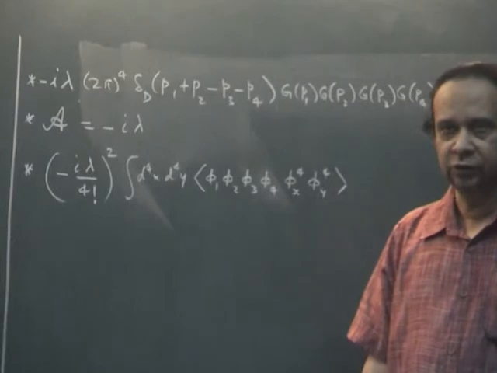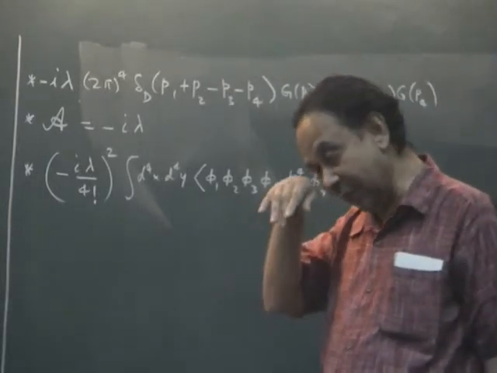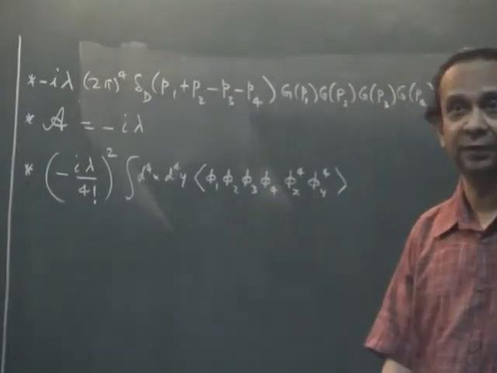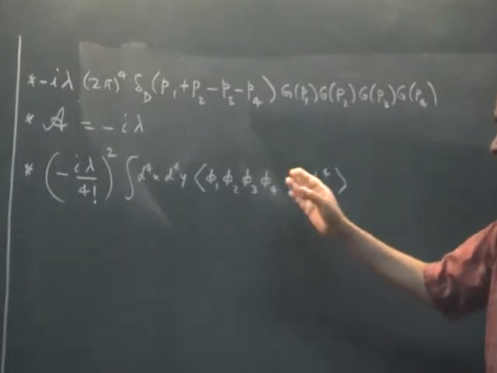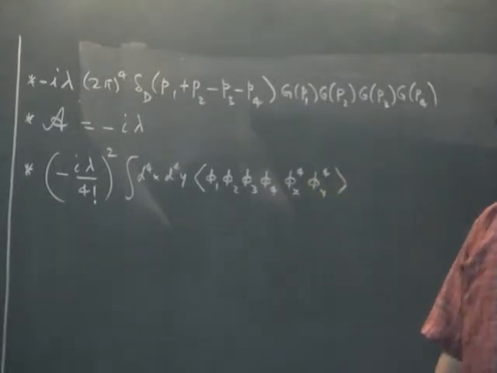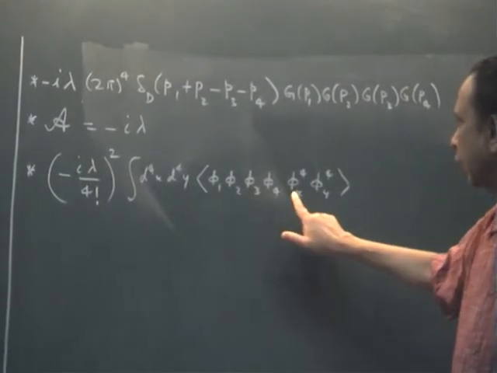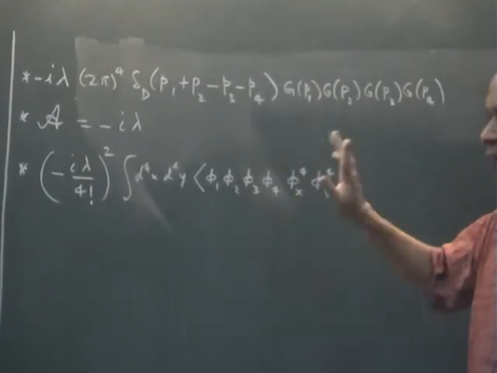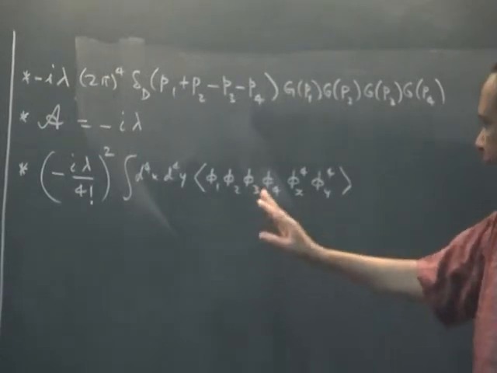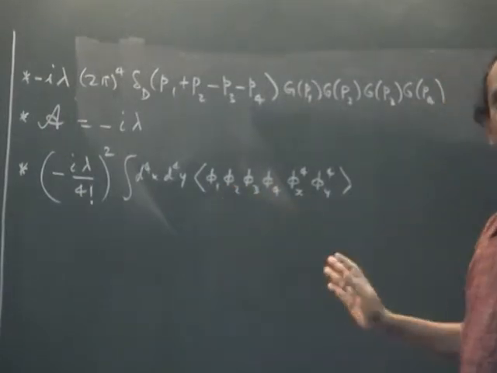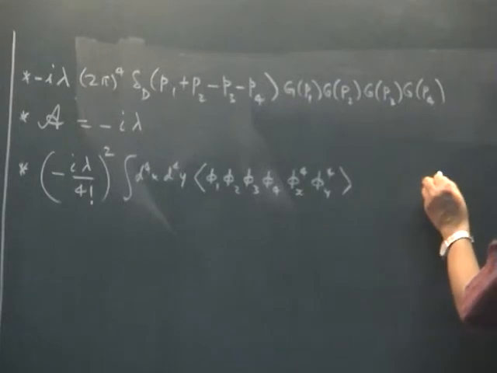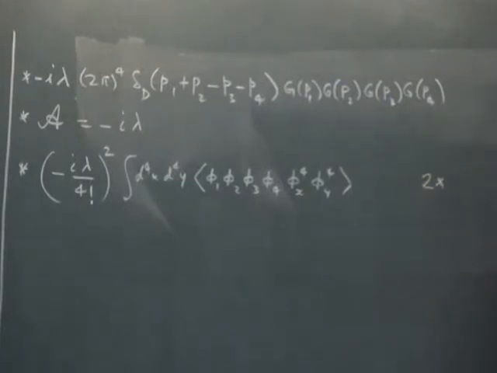Okay. Now, just like that 4 factorial went, here also the 4 factorial square will go. So the way to see this is the following. Let us look at the different kinds of pairings you can have. It's actually fairly obvious. There are 2 of them here. So what you do is that you take this phi 1 and you connect it with any of these. Okay, first of all, whatever I do with x, I can now do with y as well. So there is a factor 2 arising out of it, which I will put first.